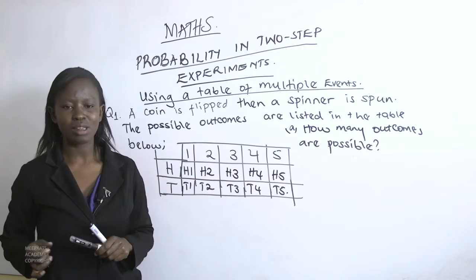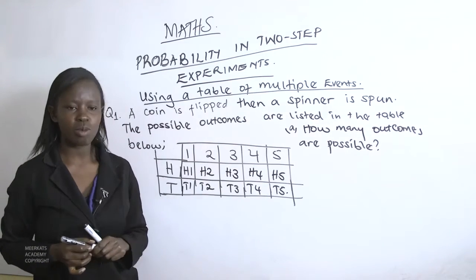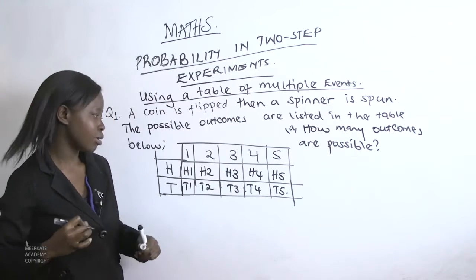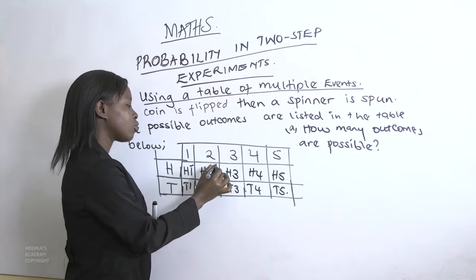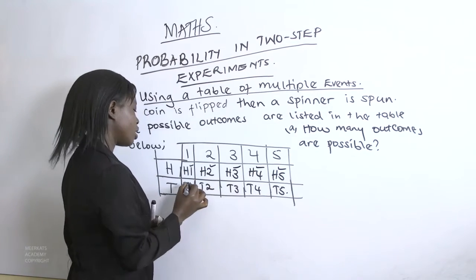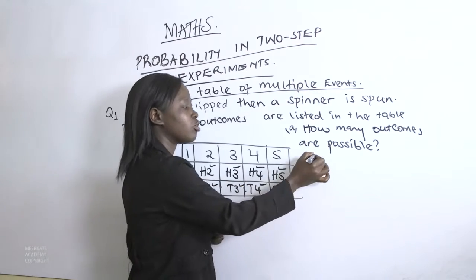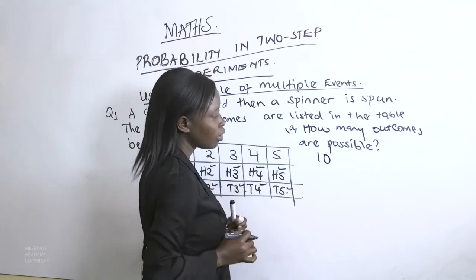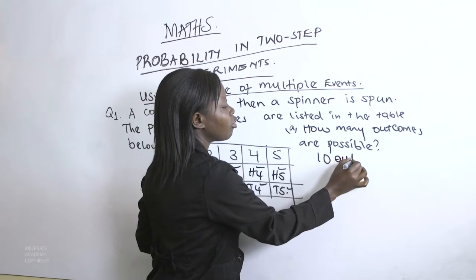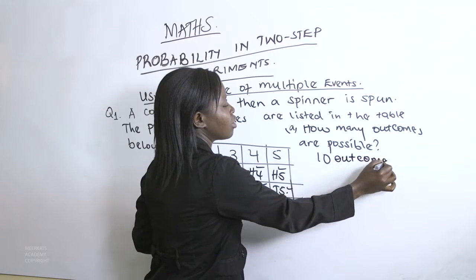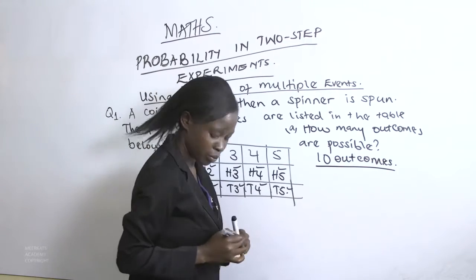So it is just a matter of counting the outcomes we have in this given experiment. This is 1, 2, 3, 4, 5, 6, 7, 8, 9, 10. So we have a total of 10 outcomes in this experiment.